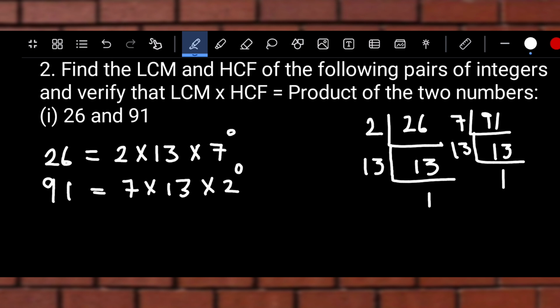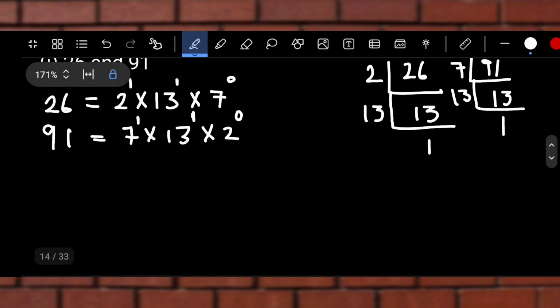You have 13 in both the numbers, so I don't have to multiply 13. I'm just writing all the varieties of numbers in this. In 26, we have 2 to the power 1, 13 to the power 1. In 91, we have 7 to the power 1 and 13 to the power 1. Okay, I hope you understood that I have written all the varieties of numbers, with giving them a proper power.